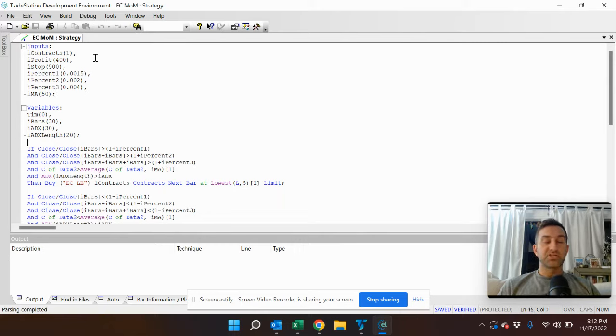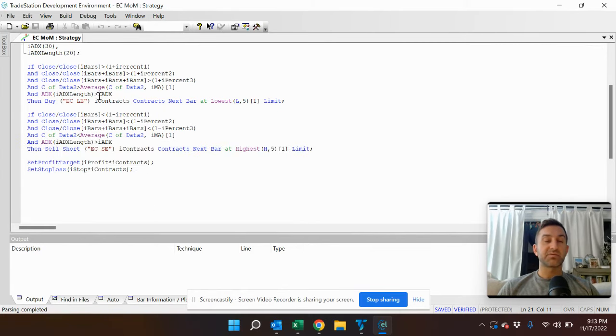So if you look at the strategy, it's pretty simple. We're measuring the percentage change of the close of the latest bar versus prior bars over different time periods. So we're looking for a trend over multiple time periods. And then here we're looking at the moving average. We've got an ADX filter in there, which is a great filter for momentum strategies.